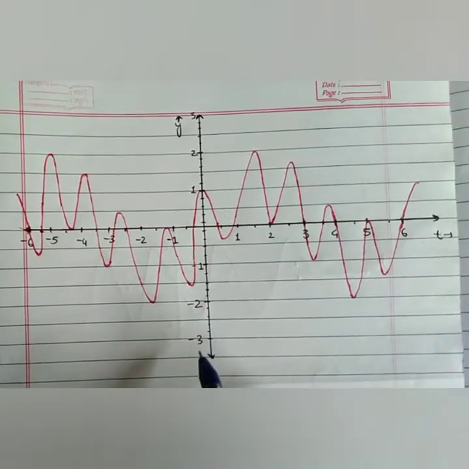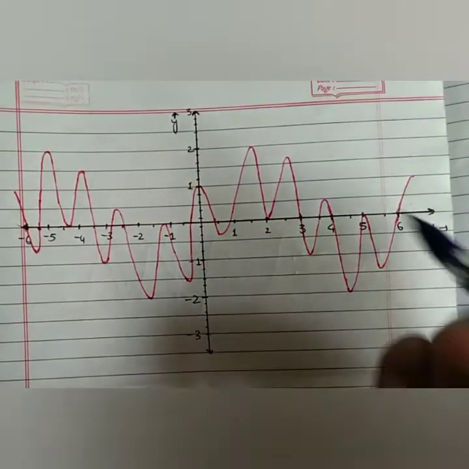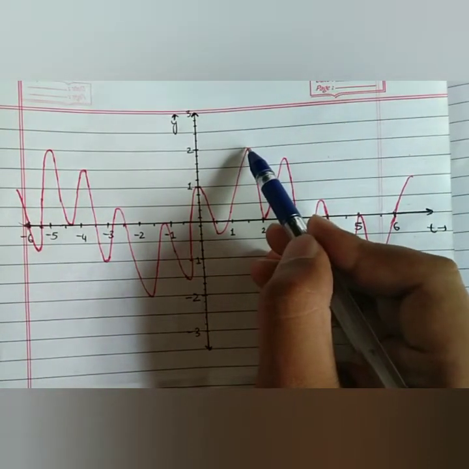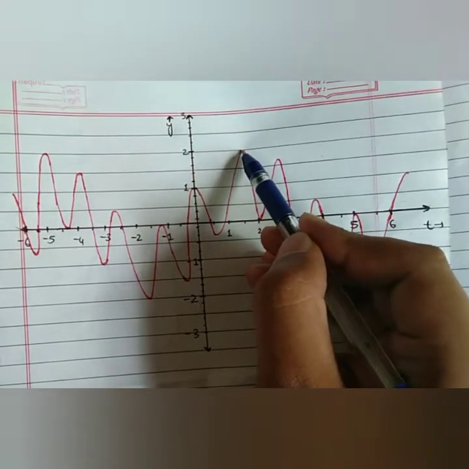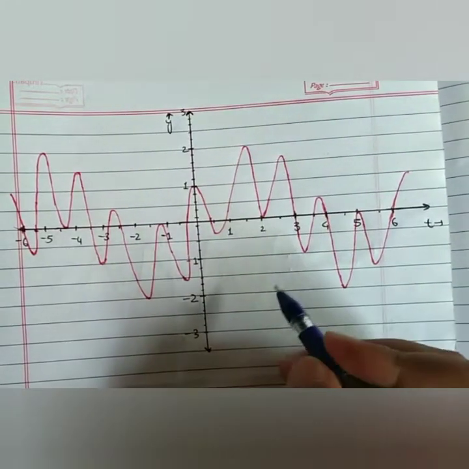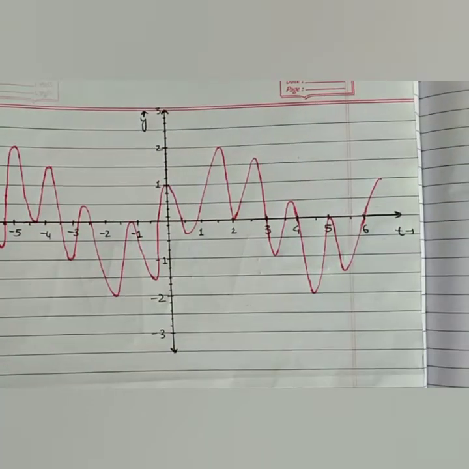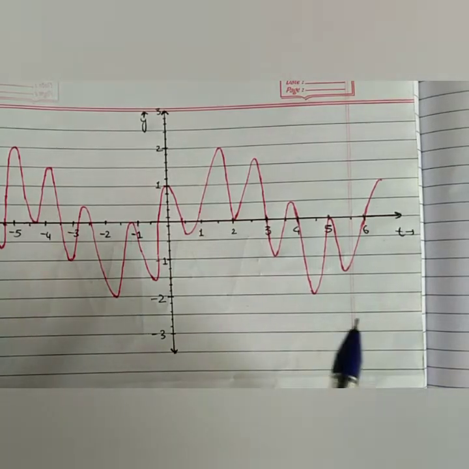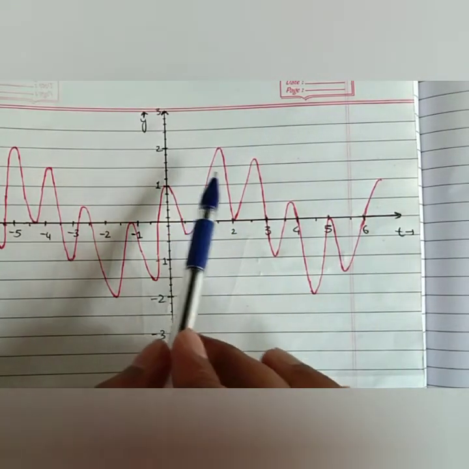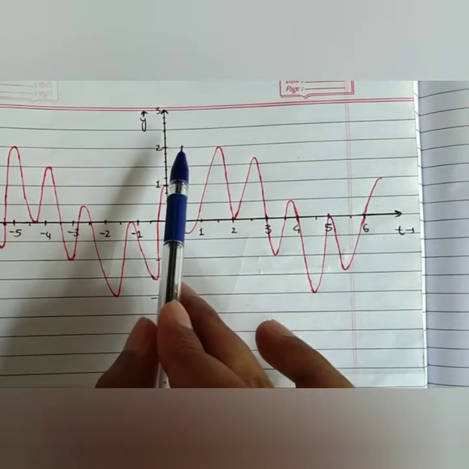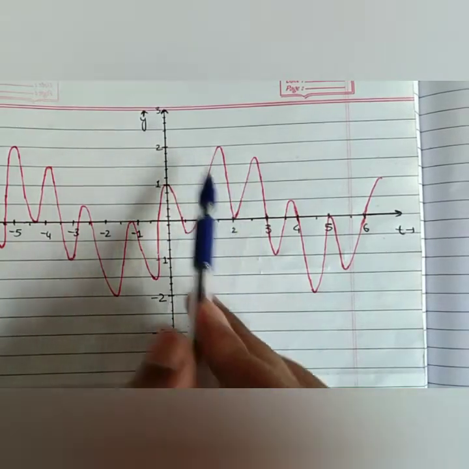What we can infer from this graph is that the maximum value is plus 2 and the minimum value is minus 2, and if we analyze this graph deeply, the root path of this graph goes like a sine function.